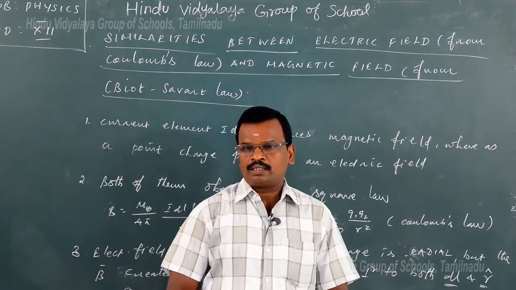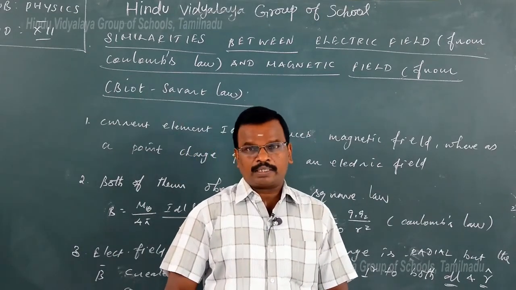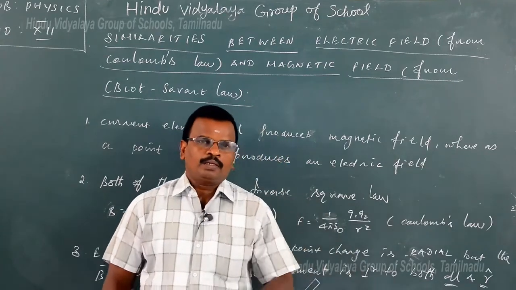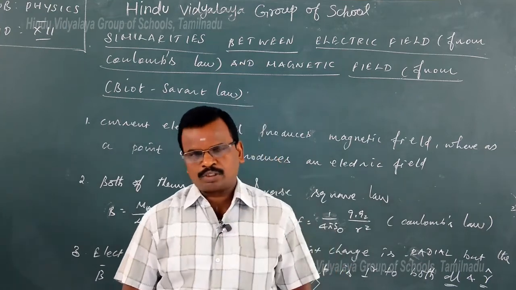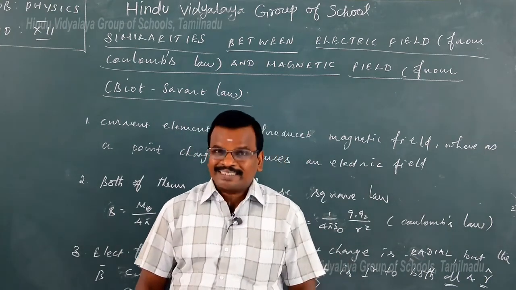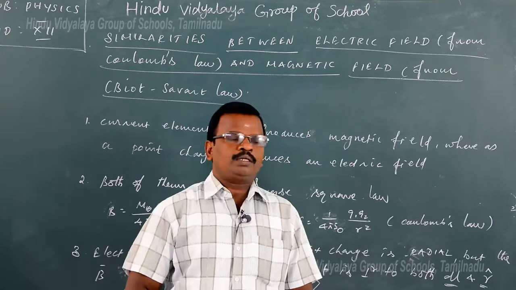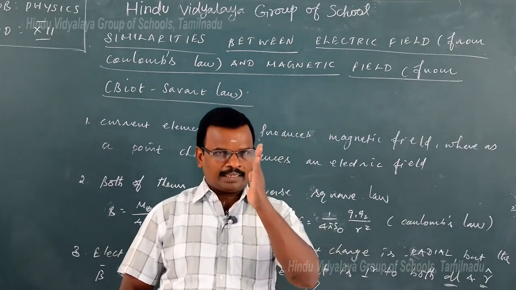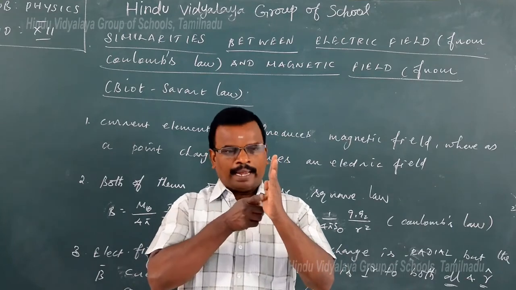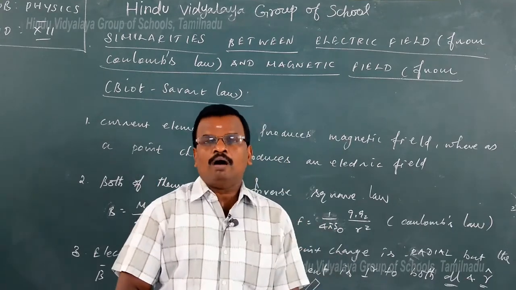In the Biot-Savart law, one very important point is that the magnetic field produced due to the current passing through the conductor has a direction mutually perpendicular to the current element dl and the position vector r.